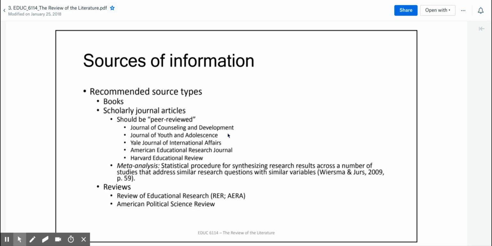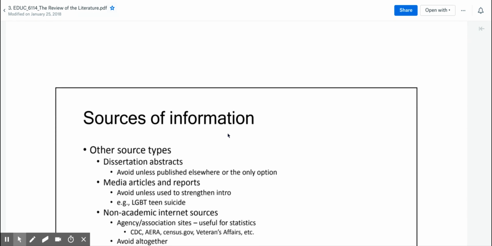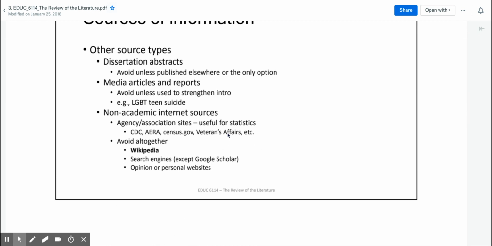You can hear more like a qualitative type of database, also digitalized, right? You can watch a documentary, etc., right? All right. Same thing: media articles, reports, dissertation abstracts, and non-academic internet resources are all related to literature review.